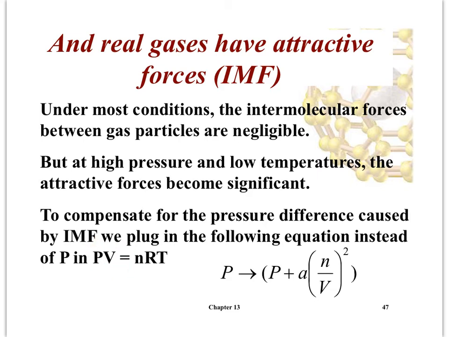And so to fix that, instead of just P, we put P plus A times N over V squared. So P is the regular pressure that we would normally plug in. A is another constant, and it's different for each gas. The stronger the attractions between the particles, the higher A is. N is the number of moles, and V is the volume of the container.